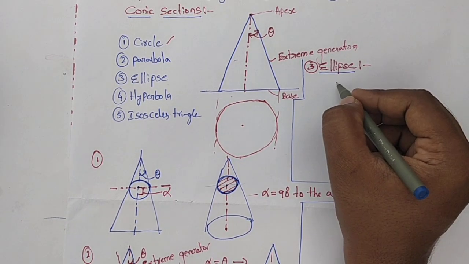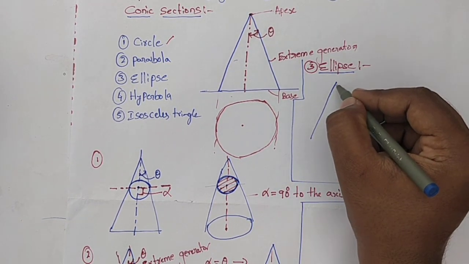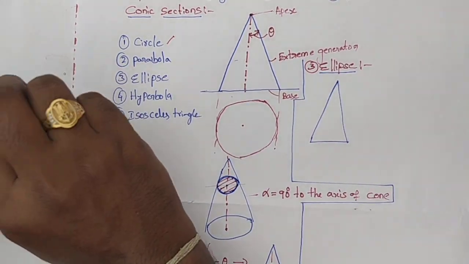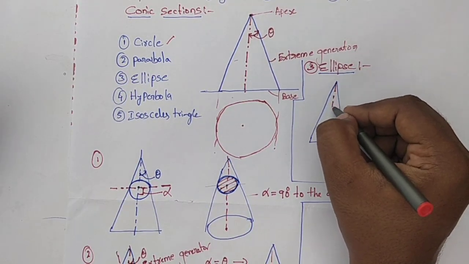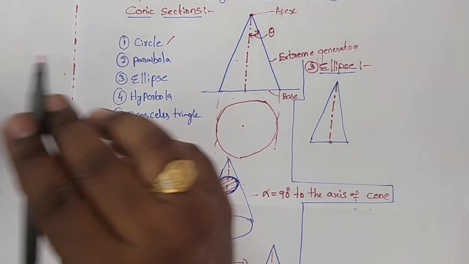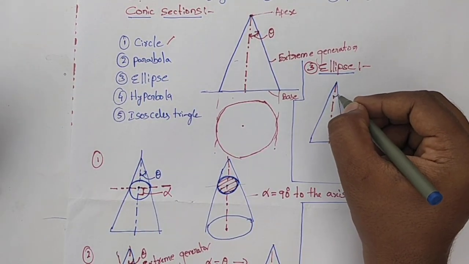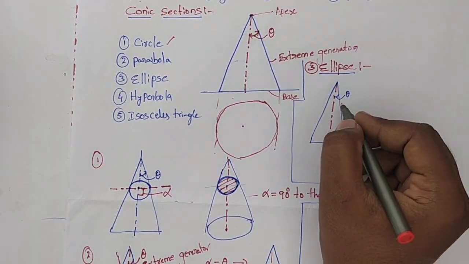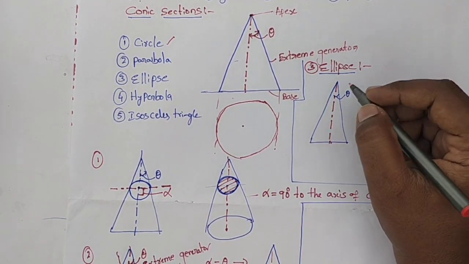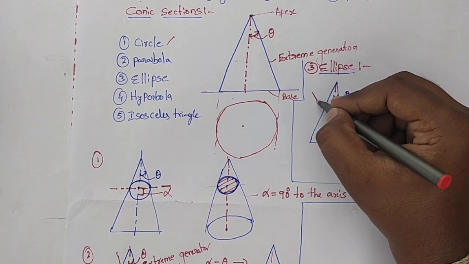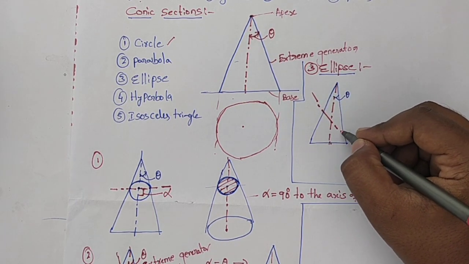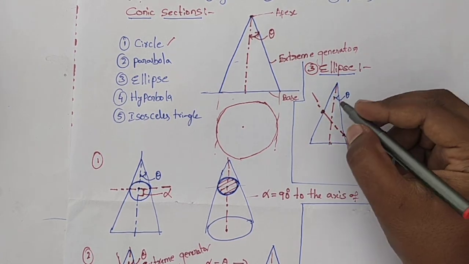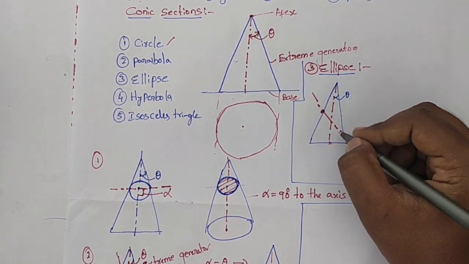Here, whenever the cone is cut by a section plane at an angle greater than the angle theta, it cuts the two generators at two different locations.